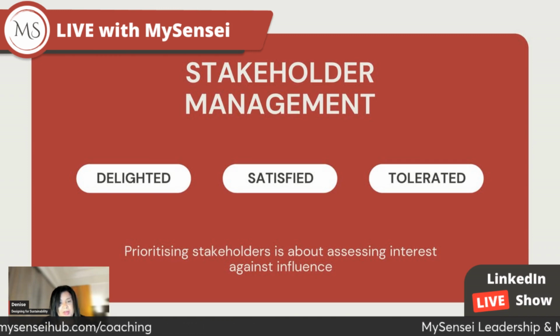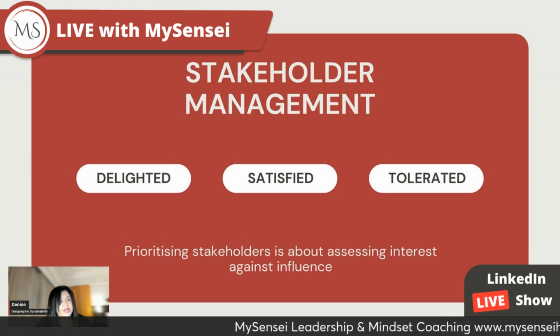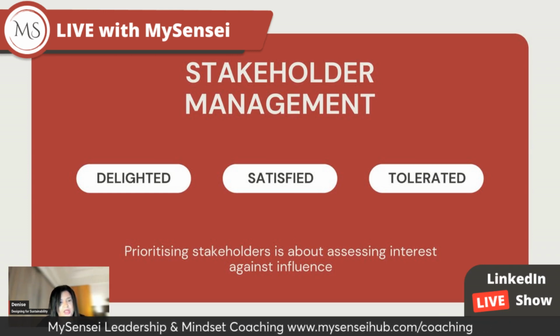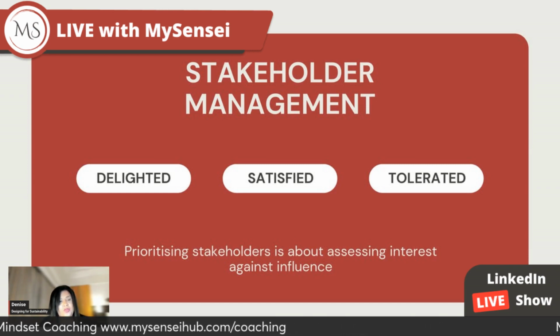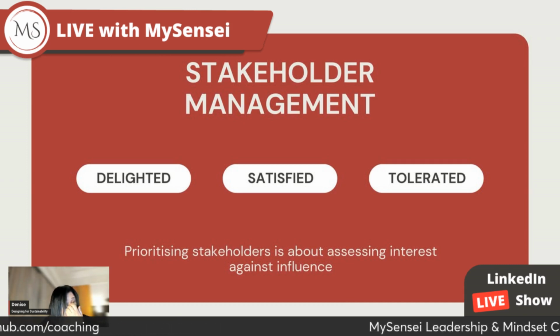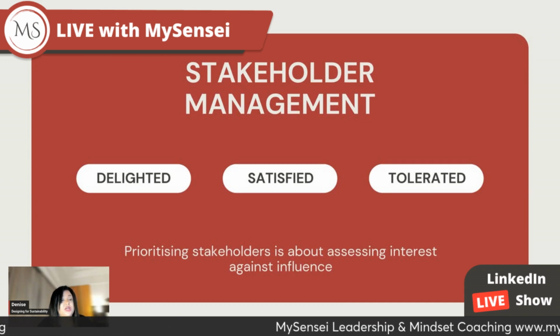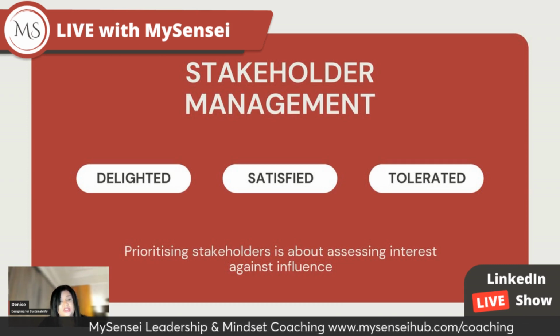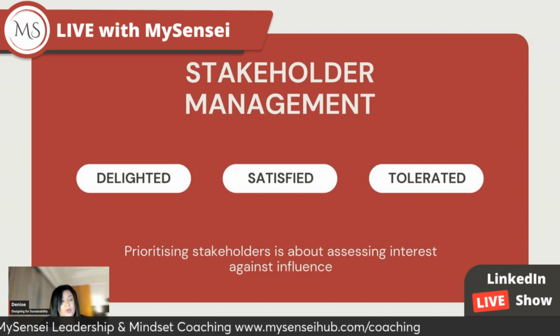There isn't the bandwidth to make sure that everybody's completely happy, and it's to make sure that you are getting clear on who are the ones that need to be delighted. And as we go through the slides, I'll explain why that is important. So prioritizing stakeholders is about assessing their interest against their influence or their needs as well.